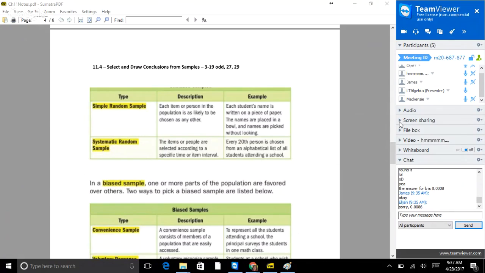Okay, so I'm just looking at your homework here. So 3 and 5, you're just basically going to say what kind of sample is being taken.